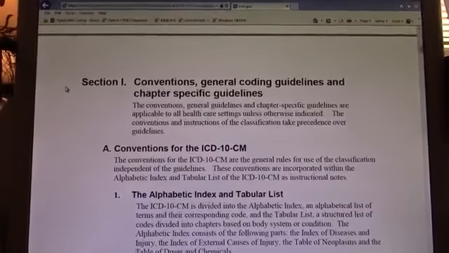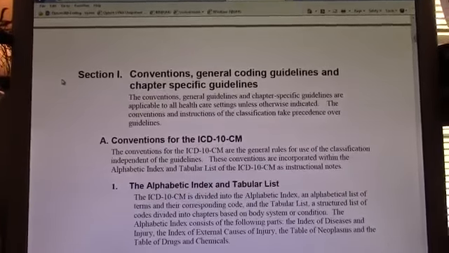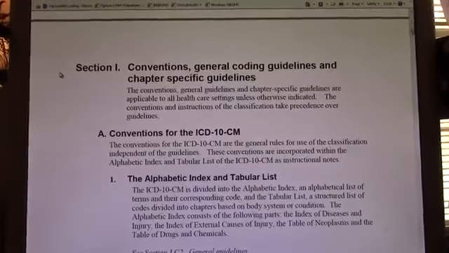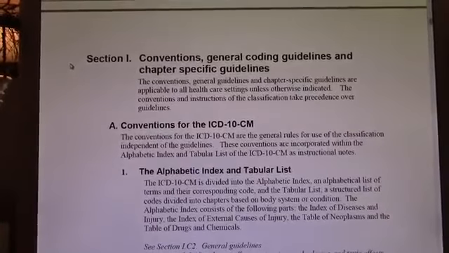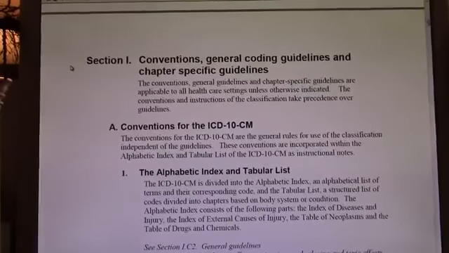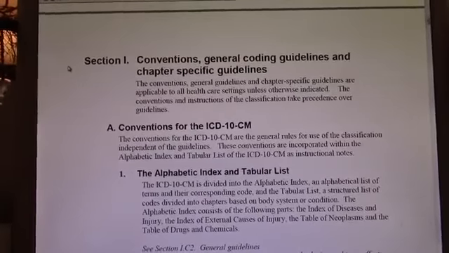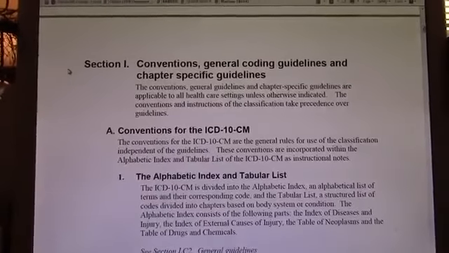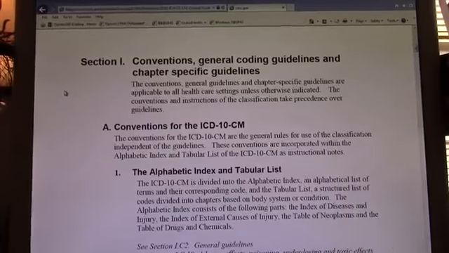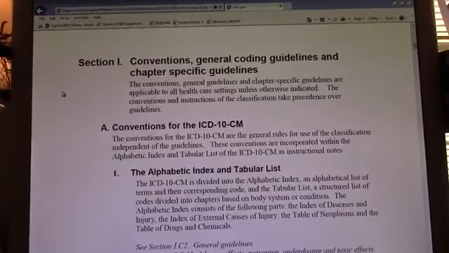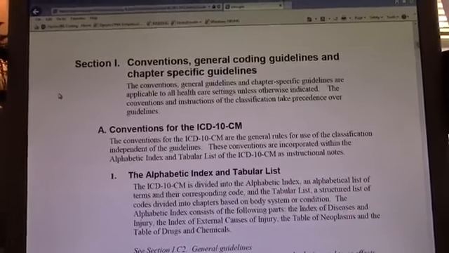Now remember, the conventions or general guidelines and chapter specific guidelines are applicable to all healthcare settings unless otherwise indicated. So that means whether outpatient, inpatient, rehab, psych, you name it, these guidelines apply. And the conventions and instructions of the classification take precedence over these guidelines.